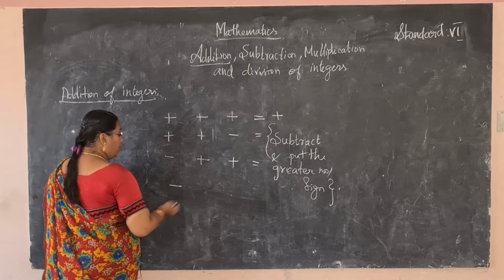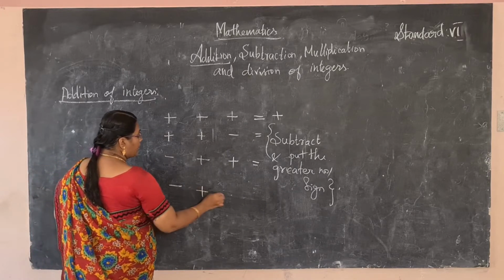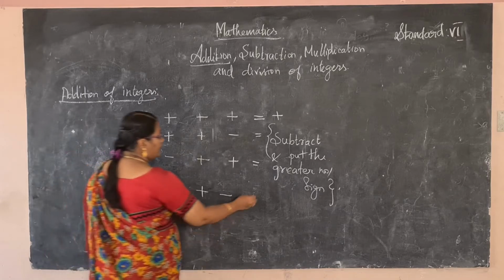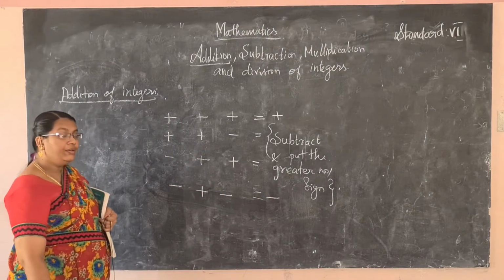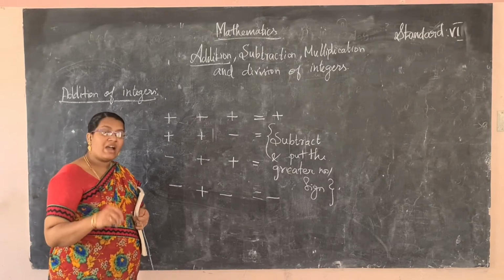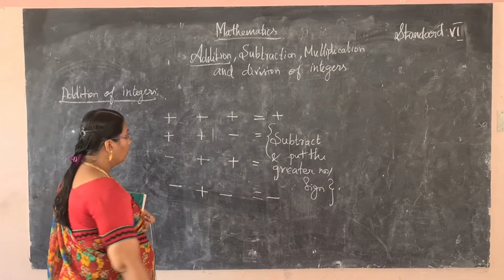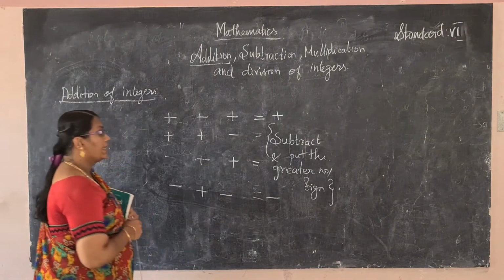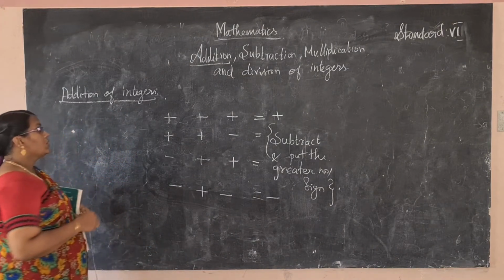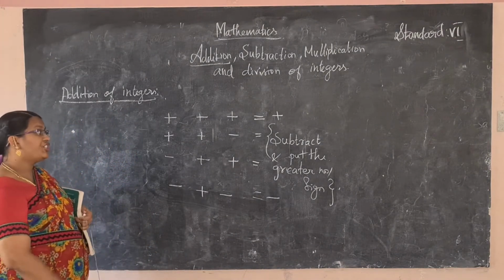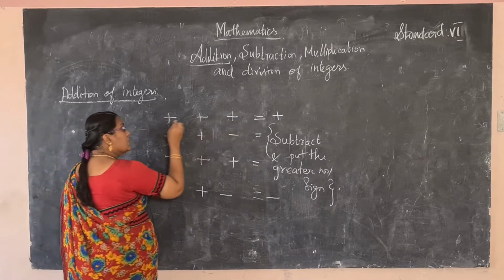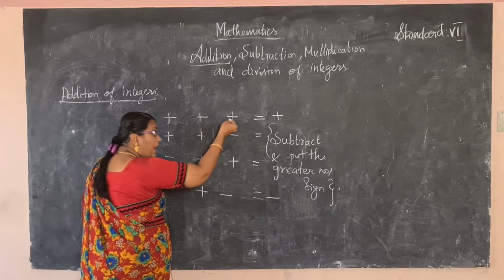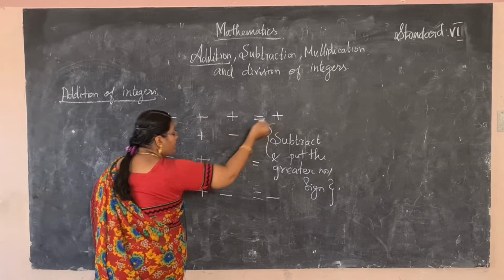And the final one: both numbers are negative. When we add two negative numbers, we get the negative value. Okay, so these are the rules for the addition of integers. When we add two positive integers, we get the positive value.